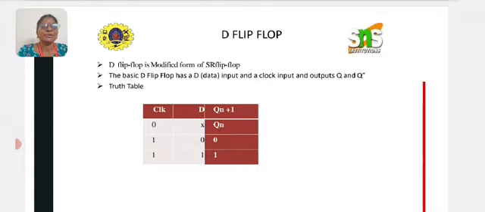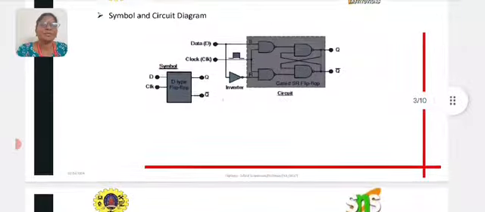If our clock pulse is low, there won't be any change in the output. If our clock pulse is high, then if D input is 0, the next output will also be 0. If D input is 1, then output will also be 1.